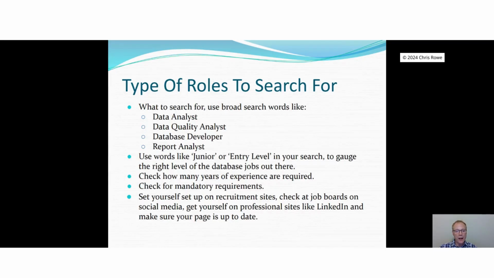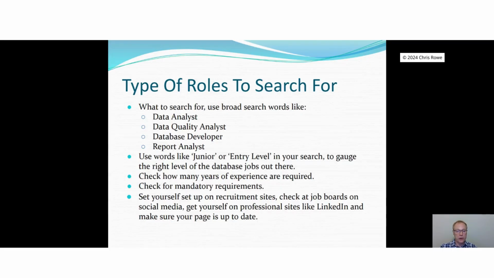And also check for mandatory requirements. If they're after a whole lot of skills in a variety of different packages and programs and apps that you don't have, that might be something for someone with a lot more experience than you have starting off.